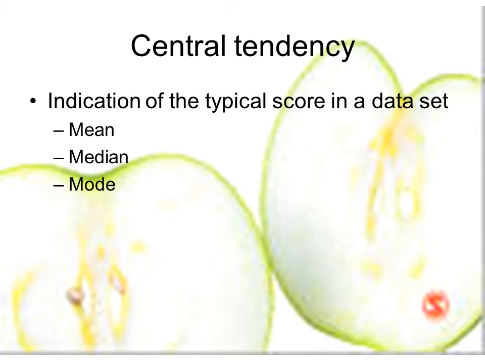So the first area we're going to look at that is going to help us describe our statistics is central tendency. Oftentimes, many of us have come out of basic junior high and high school with a basic understanding of what a mean, mode, and median is, and basically what we're looking at with that is the typical score that we normally see within a set of data.